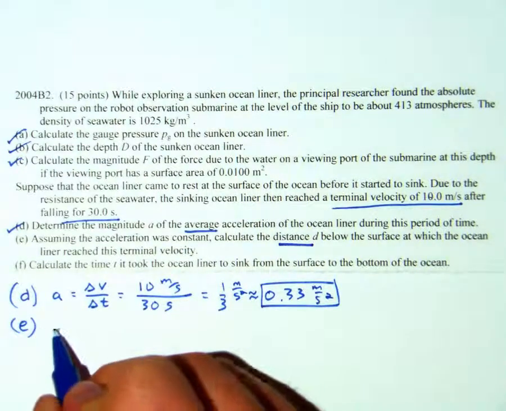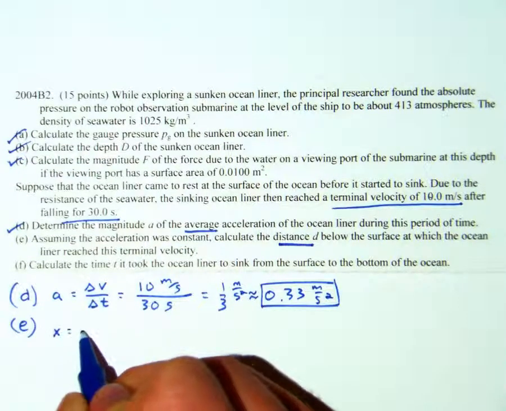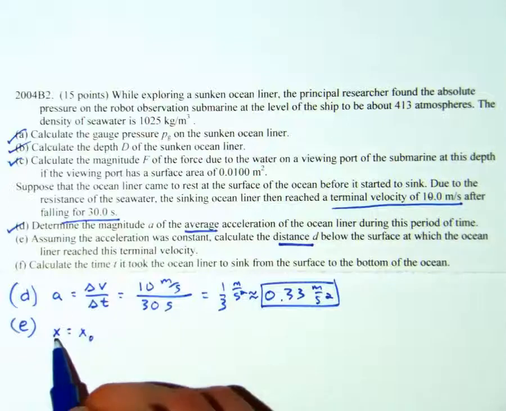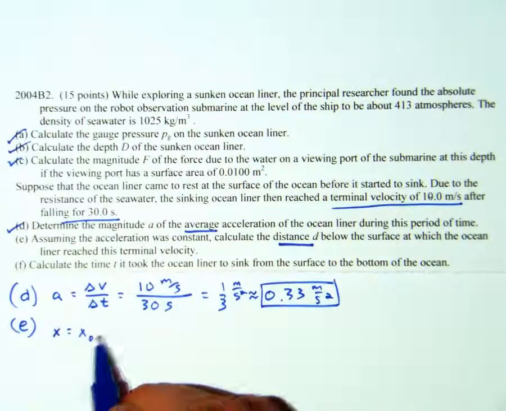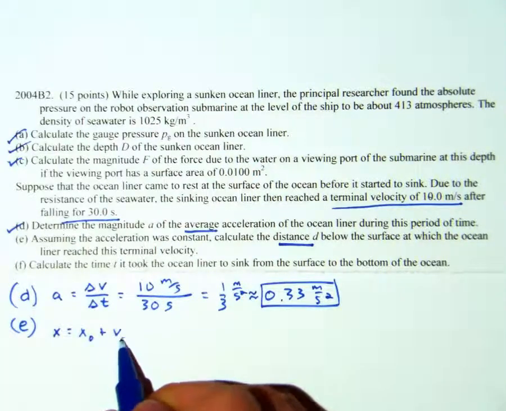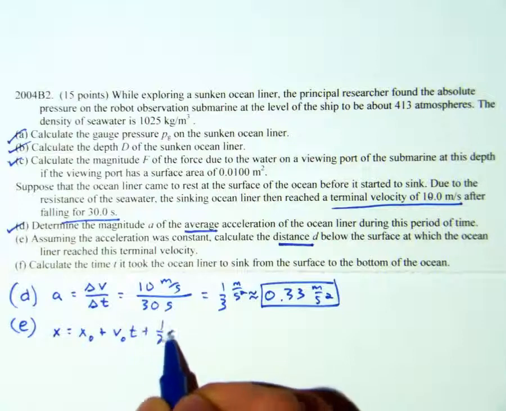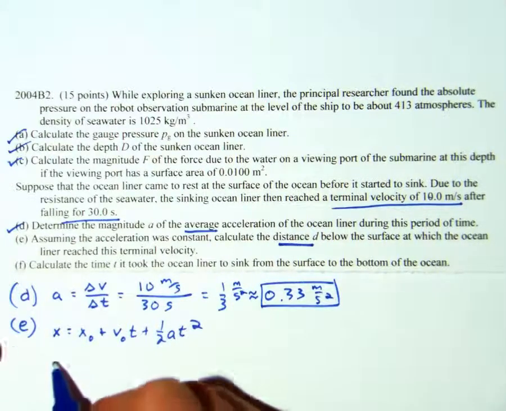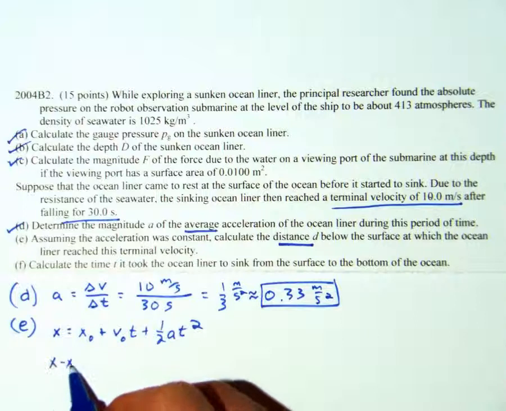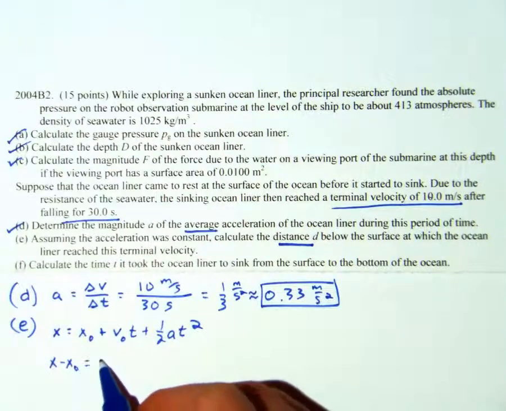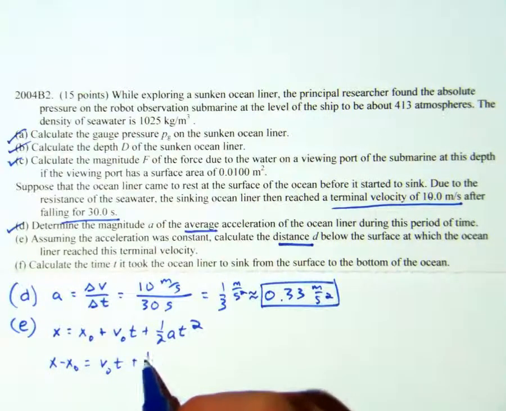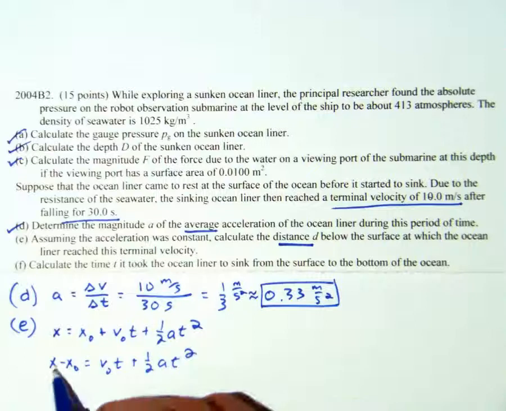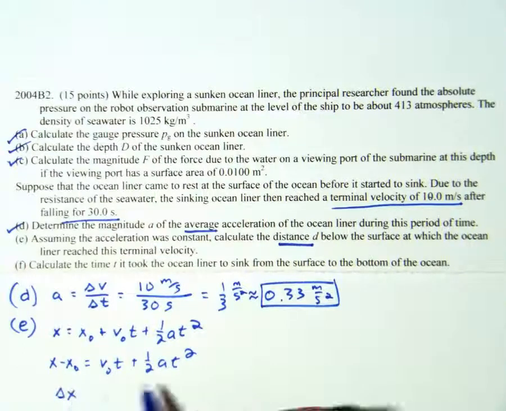If you remember this kinematics equation, x equals your initial position plus your velocity component plus your acceleration component. I know that x minus x naught is going to be my initial velocity times time plus 1/2 at squared. So there's my delta x, my change in position that I'm looking for, or distance.